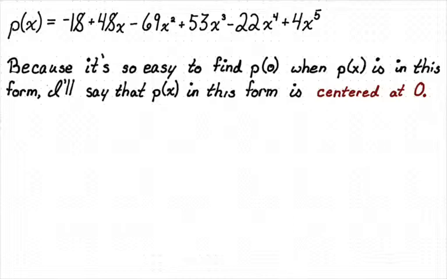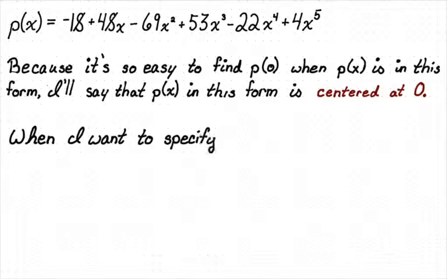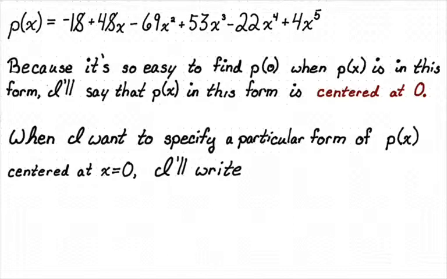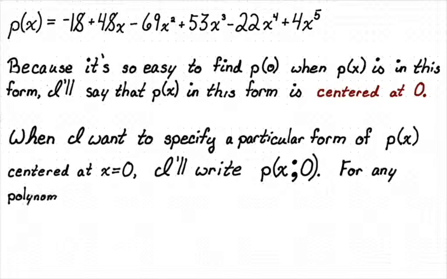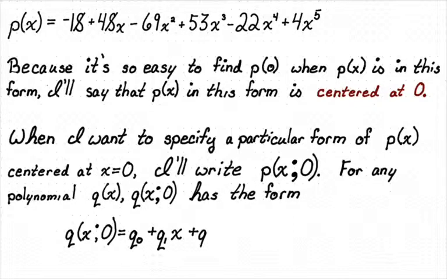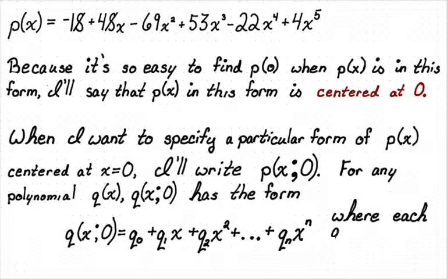When I write this polynomial out like this, I'm calling it p of x centered at 0. And when I want to specify that I mean this form, I'm going to give it a special notation, p of x semicolon 0.